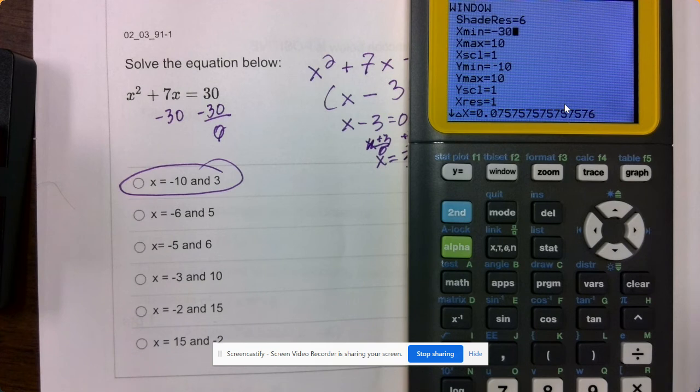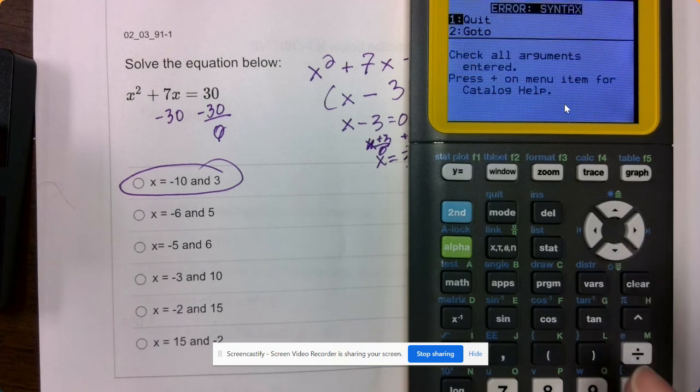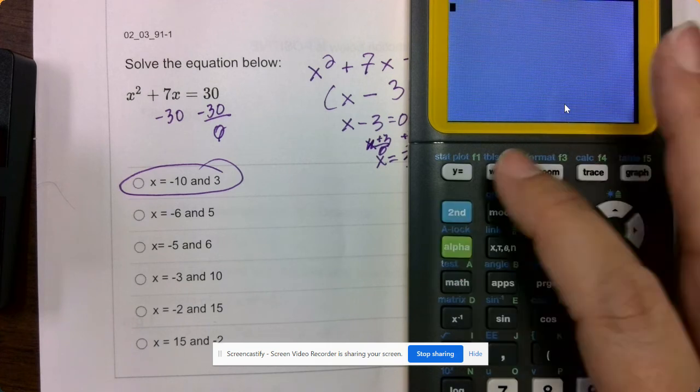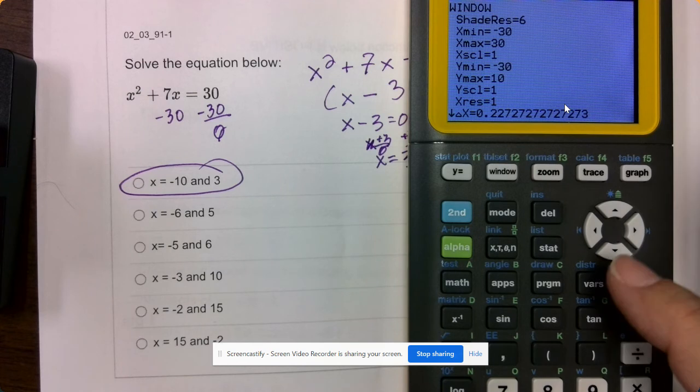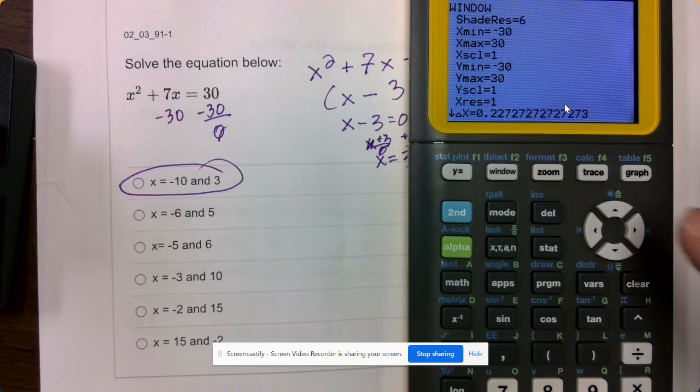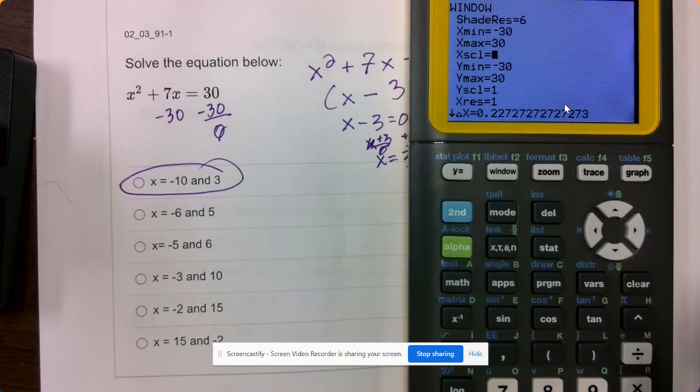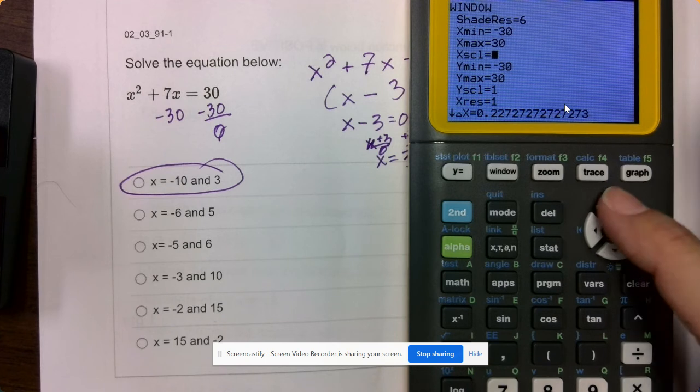I'll change them all to 30, and 30, and then for these, everybody, I would go by 3s, just so we could see them, or I mean, we can leave them by 1s, it'll just make it real small.